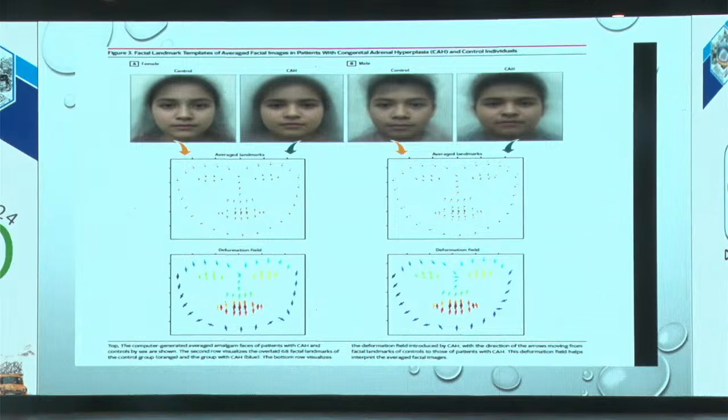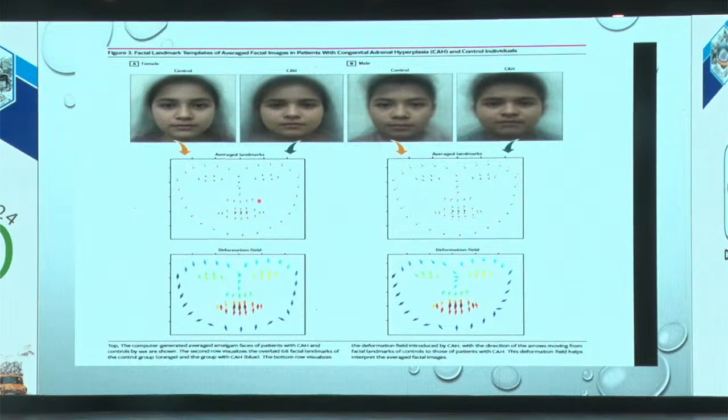So if you actually look at the average landmarks, this was the normal person, and you can actually look at the deformation of the nose.